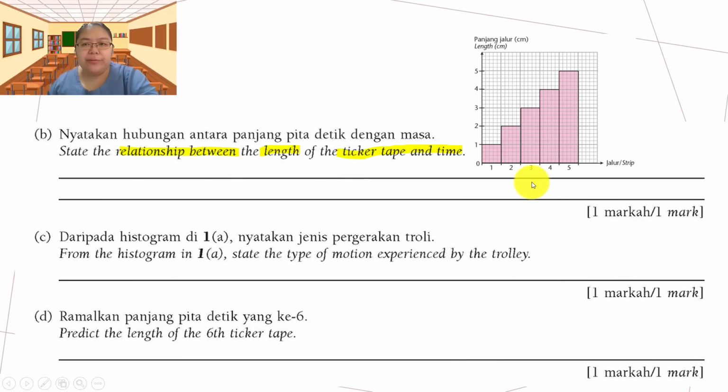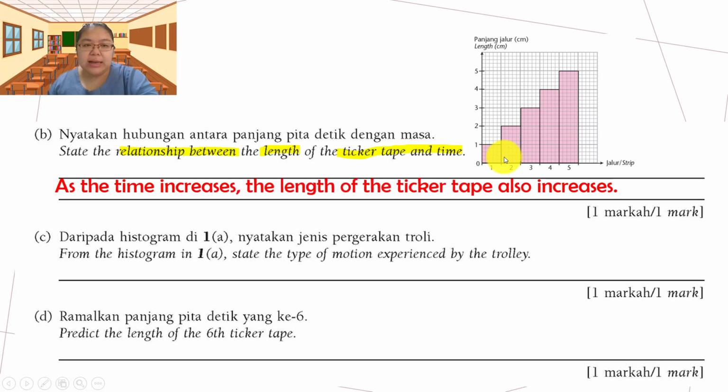By referring to this histogram chart, we answer the questions. What's the relationship between the length of the ticker tape and the time? Refer here: when the time gets longer, you find the chart, what happened? The length becomes longer also. So we answer: as the time increases, the length of the ticker tape also increases.